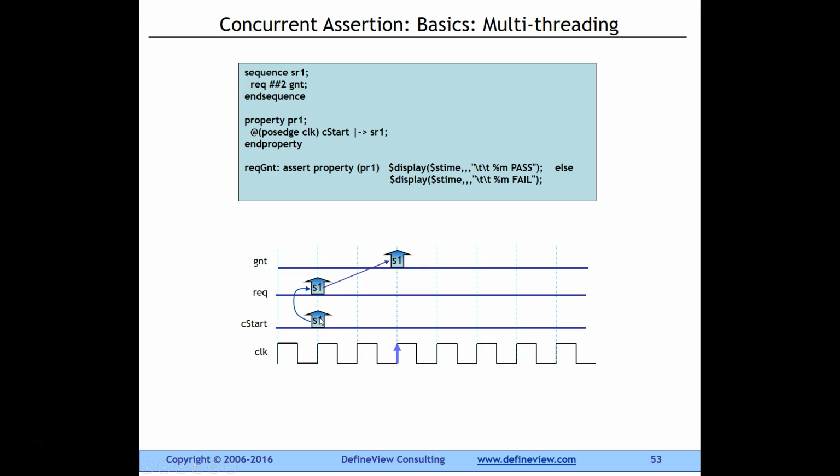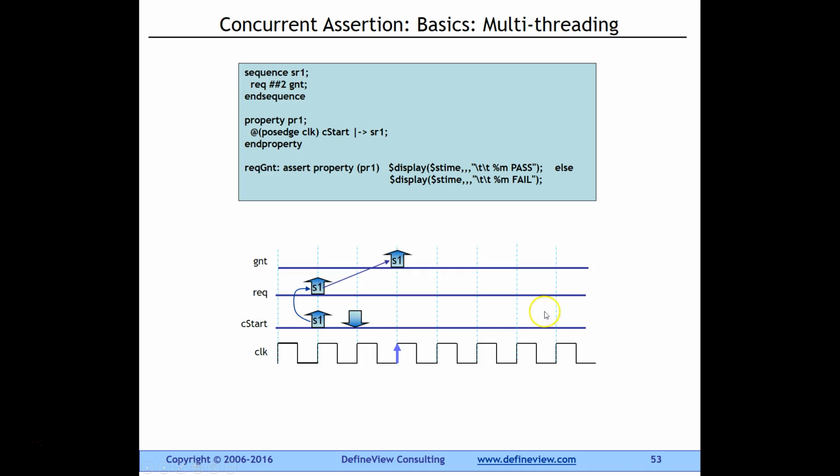It is sampled high. As you know in this property, if C start is sampled high, the overlapping implication says that the request also must be sampled high at that clock edge. So we see that happening here, and 2 clocks later grant should be sampled high, and we see that happening here, and the assertion passes.